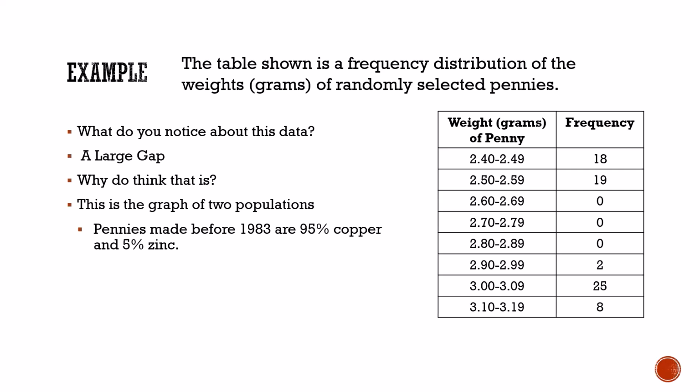But with inflation, your grandparents might say, I could buy a loaf of bread for a nickel when I was your age. The bargaining power of the penny decreased, and it ended up costing more than 1 cent to make. That's not a good way to do it. So they changed the metal composition after that.